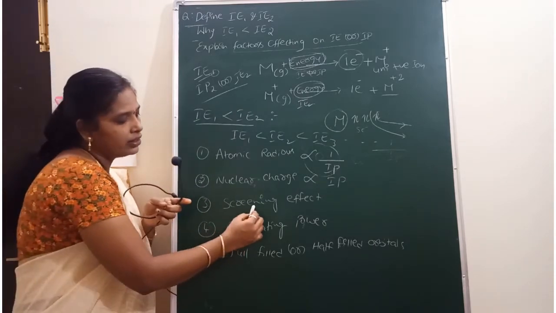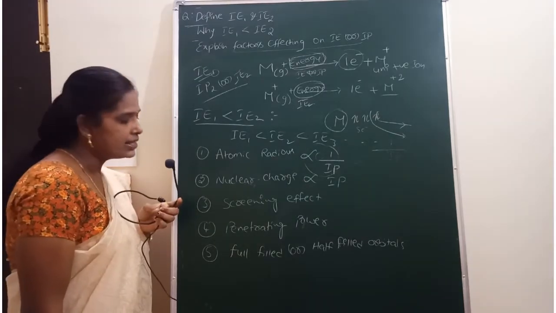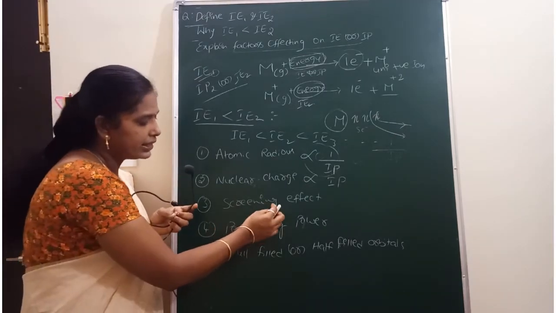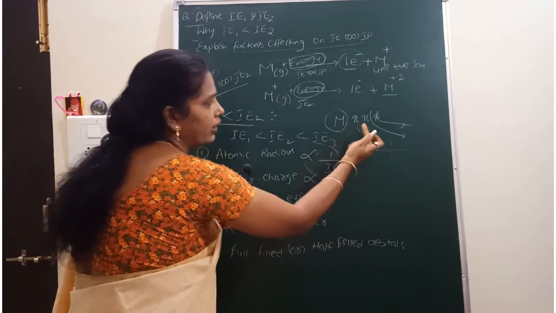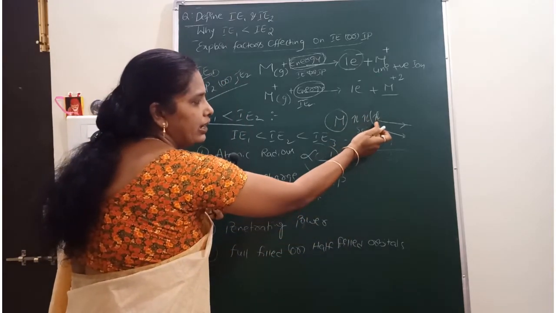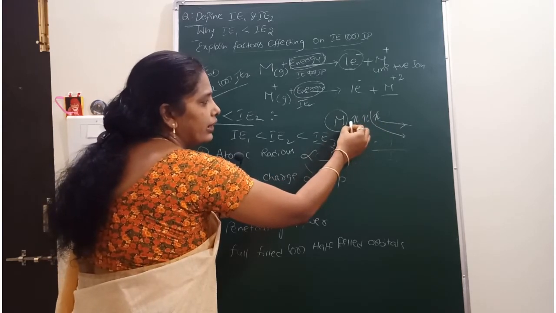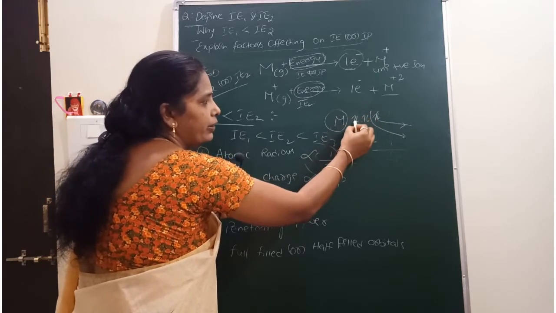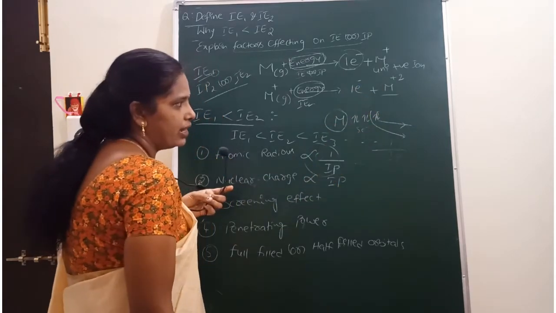The next one is screening effect, the third factor. The electrons present in the inner orbitals act as screens for the outer orbitals.